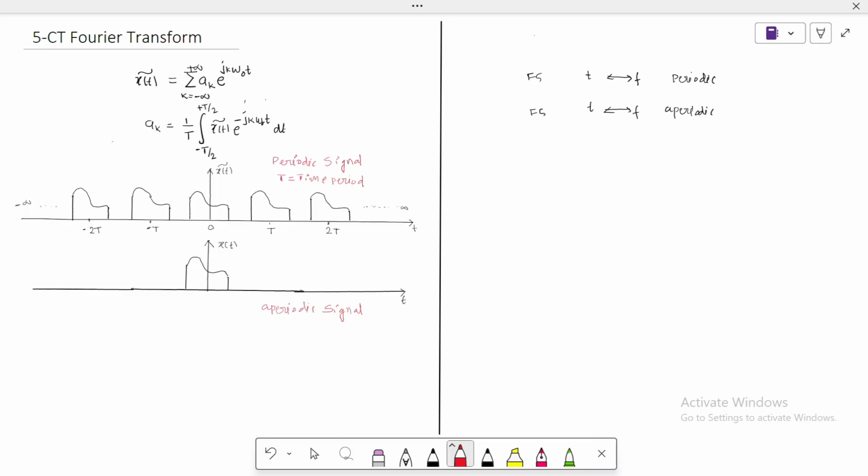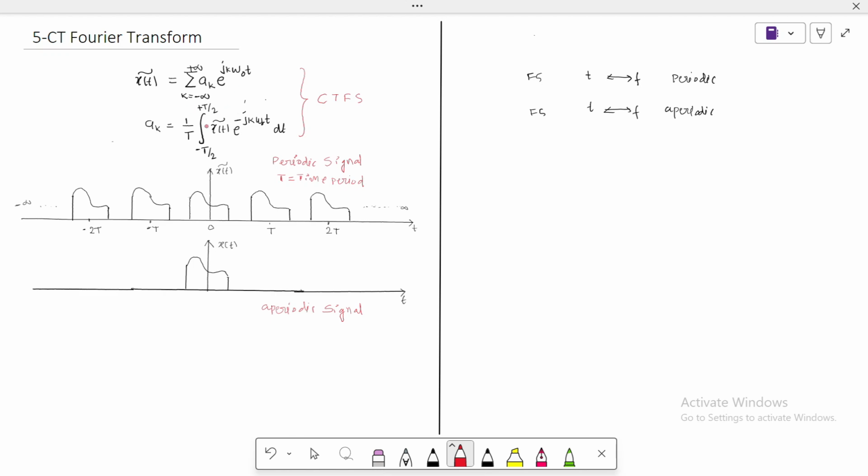Now we have to find the frequency signal for this x of t. So we need to change this Fourier series. These are the Fourier series representation, the continuous time Fourier series.